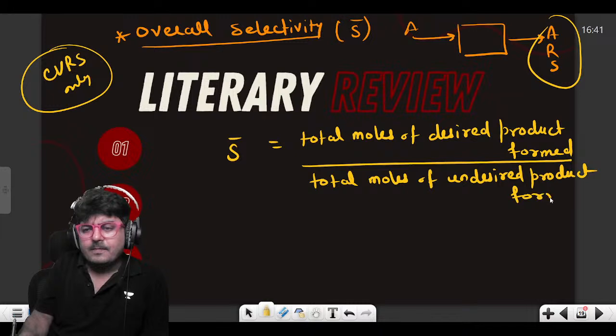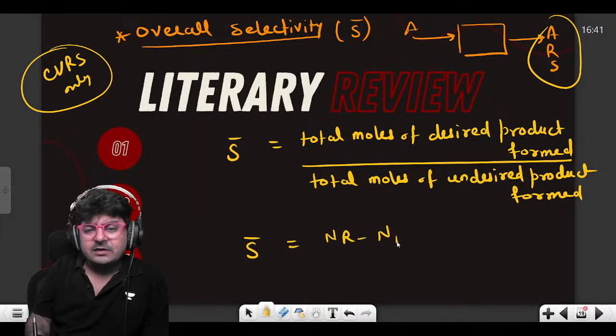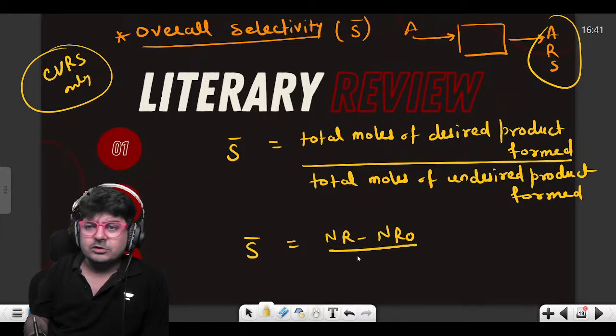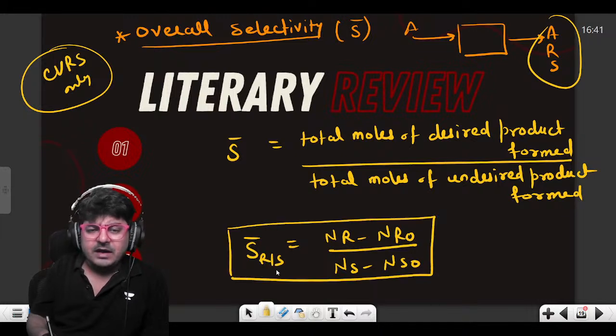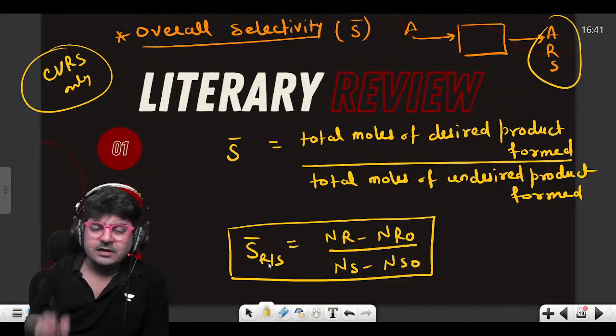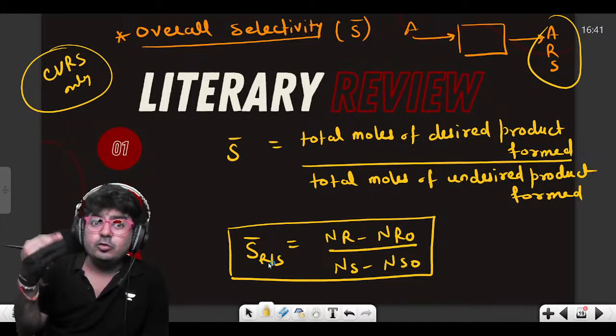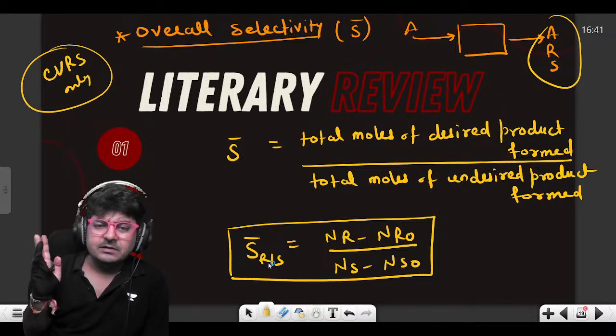Okay, that means total moles of R formed will be Nr minus Nr naught. Total moles of S formed will be Ns minus Ns naught. So that's how you can write. And here in subscript, we will write like this, R by S. That means R is desired, S is undesired. So in exam or in any question, if they don't mention that this is desired or undesired, doesn't matter. Check the selectivity.